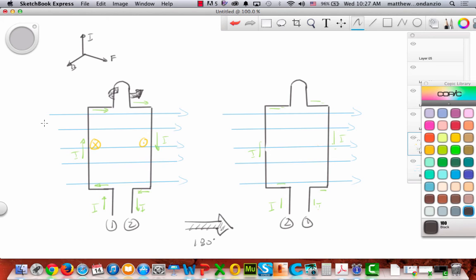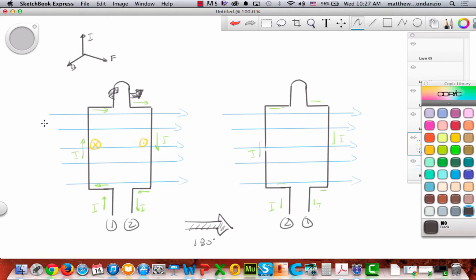Once it's flipped 180 degrees, what was wire 1 and wire 2 is now wire 2 and wire 1. Let's assume, guys, for a moment that I don't change the direction of the current on the wire.